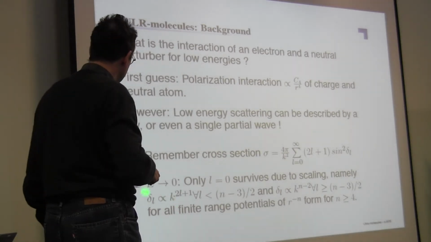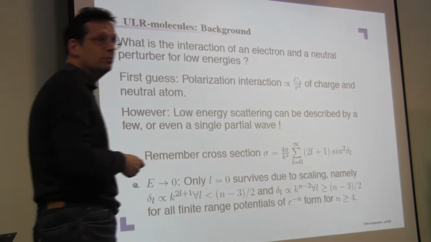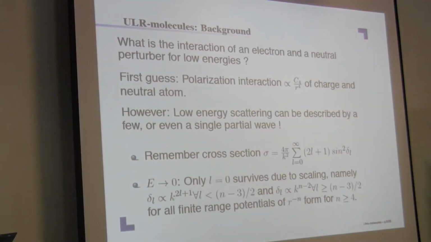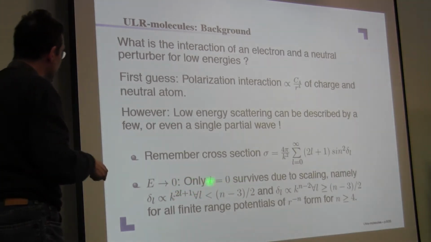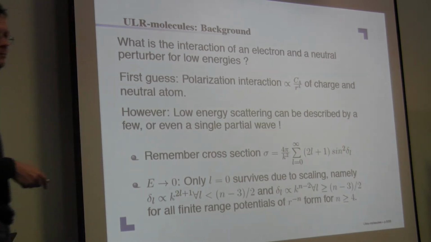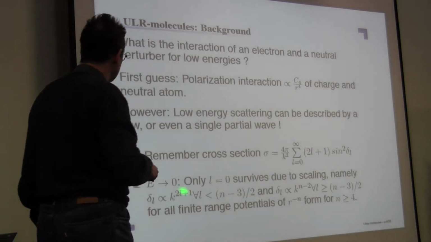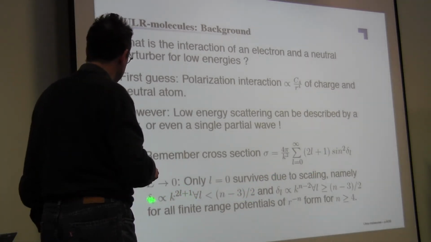And that means that the delta L's which belong to higher L are negligible. And therefore, what remains if I go with k to 0 or energy to 0 is that only L equal to 0 partial waves are important. That means only delta 0 is important, and delta 0 goes with k, L equal to 0.